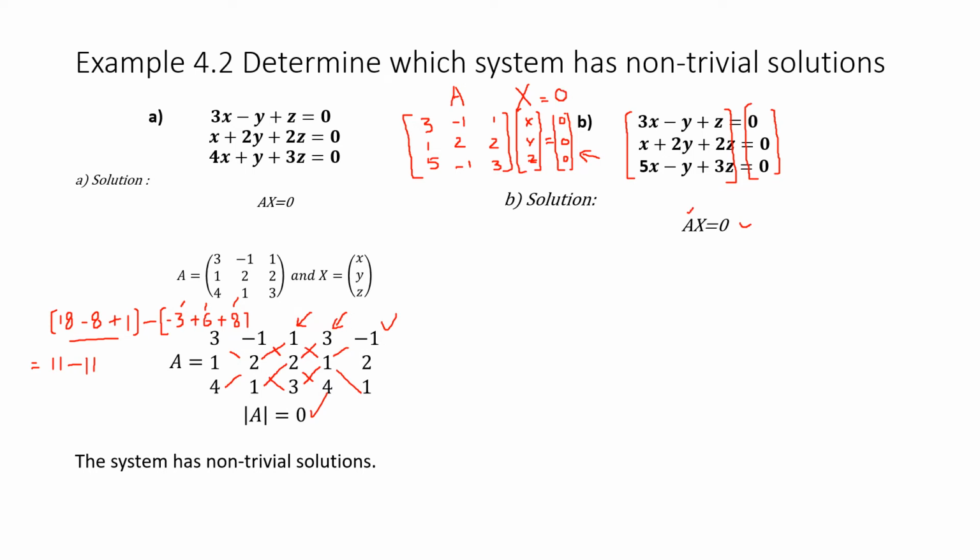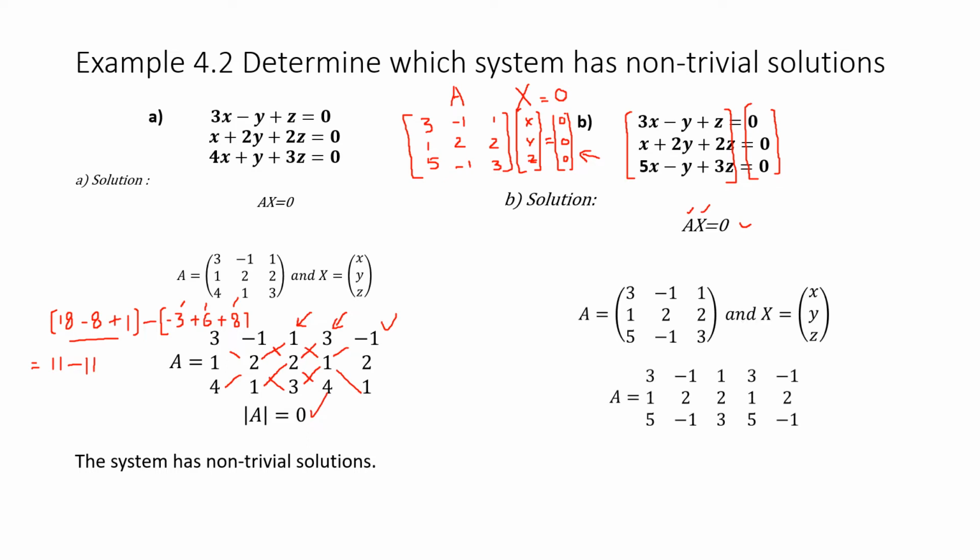So AX, I think no more confusion over there. Okay, A. Now we are going to solve the determinant. In the same way, if we multiply these diagonal elements, then this, minus these three diagonals, the answer will be something not equal to 0.